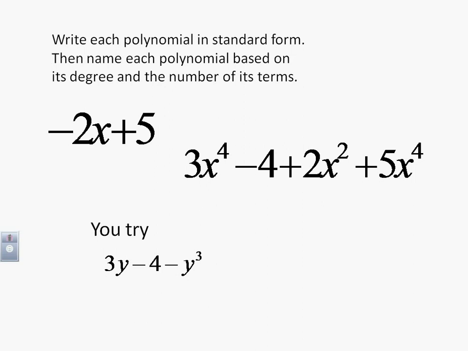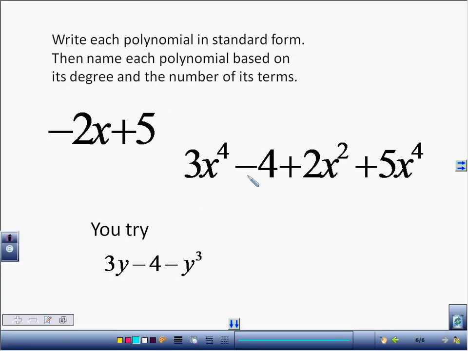Clayton's got it. First, rewrite it for me. Negative y cubed, plus 3y, minus 4.